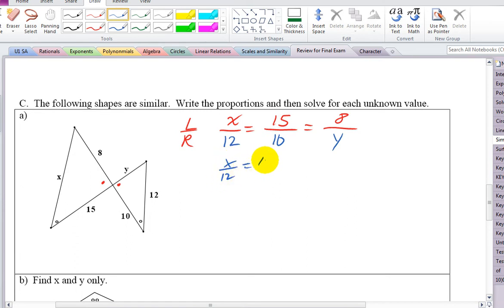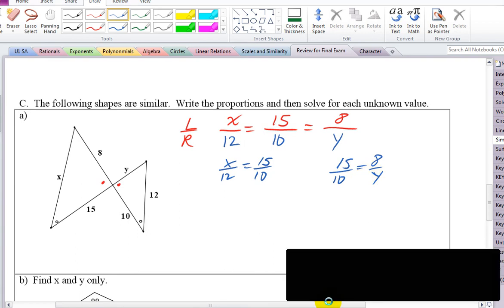X over 12 equals 15 over 10 is one question to solve. Now we got lucky because 15 over 10 was in the middle. It doesn't have to be there. We can still separate our two separate equations exactly the same. So now that you have two separate questions, go ahead and solve.